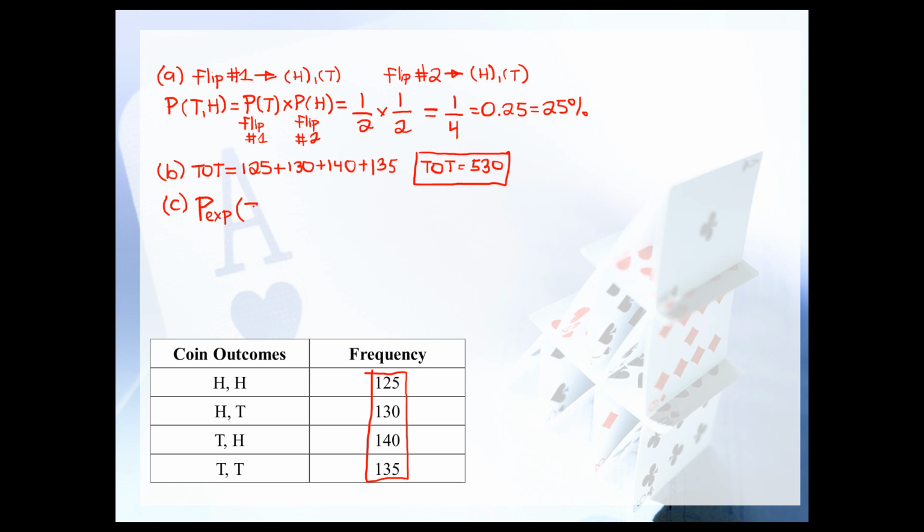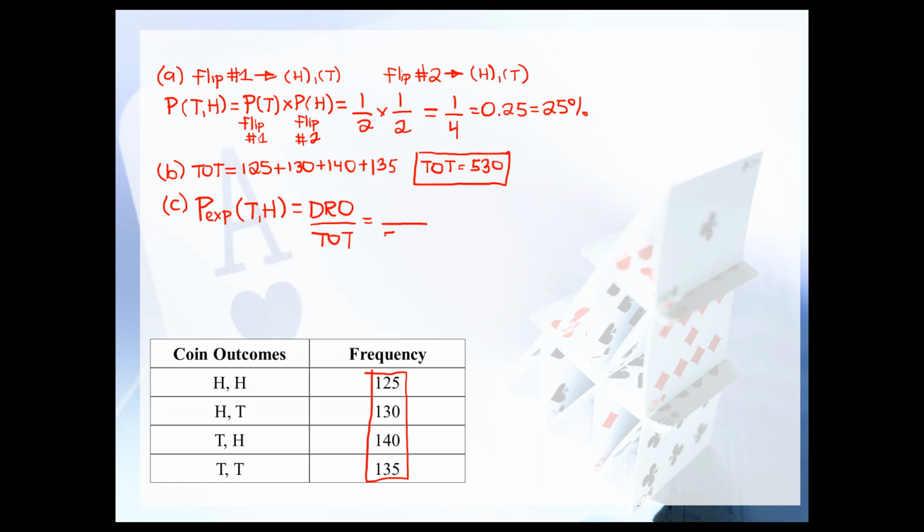So experimental probability of getting tails on flip 1 and heads on flip 2 is going to be equal to the number of times your desirable result was obtained divided by the total number of times the experiment was performed. Okay, so how many times did we perform the experiment? Again, experimental probability is when you actually perform the experiment. You start flipping the coins and see what your results are.